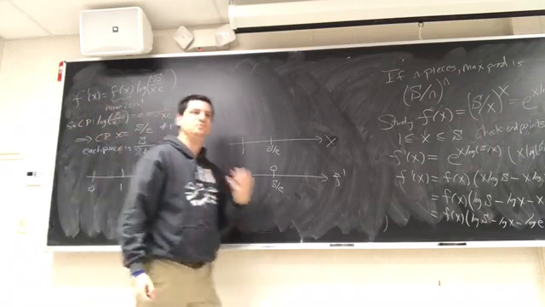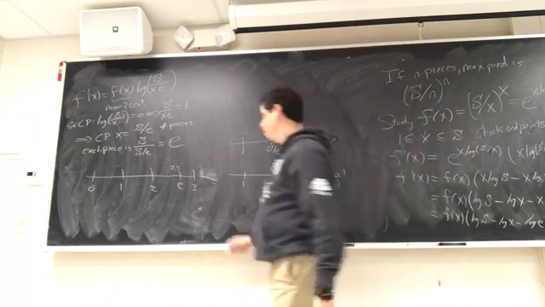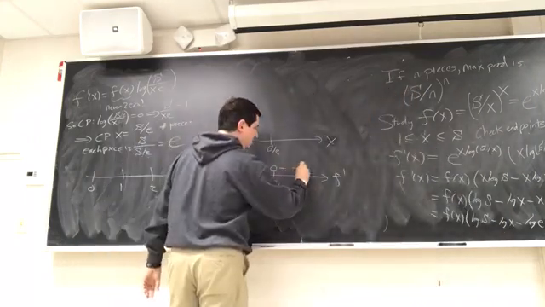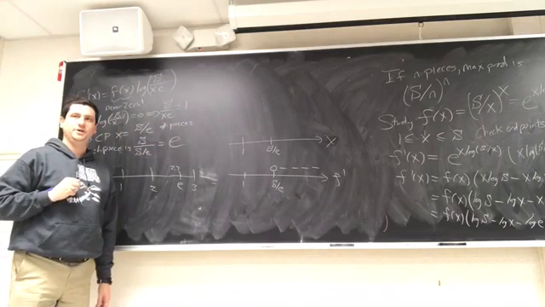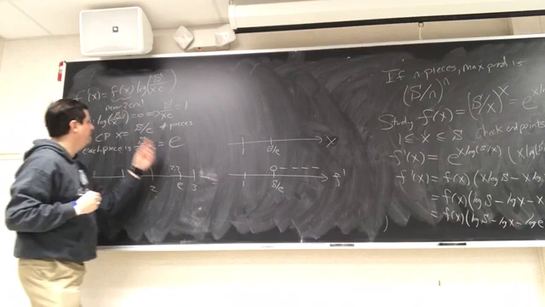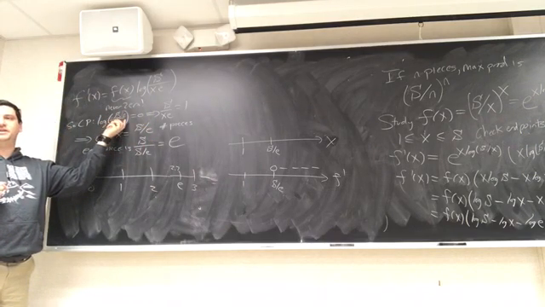This is why I love this problem. It gives me an opportunity to review a lot of the stuff you should have seen. So I know the first derivative is negative beyond s over e. What about before s over e? If x is less than s over e, is this parentheses positive or negative? Well, it's greater than 1.